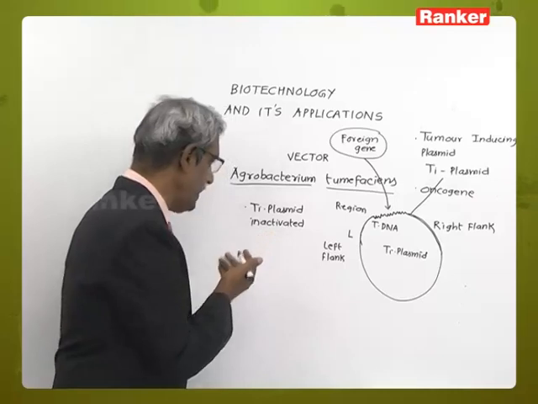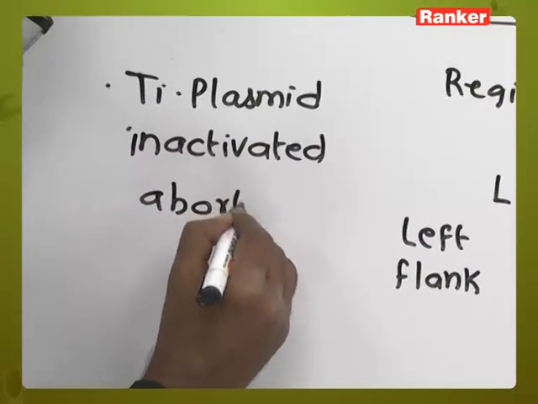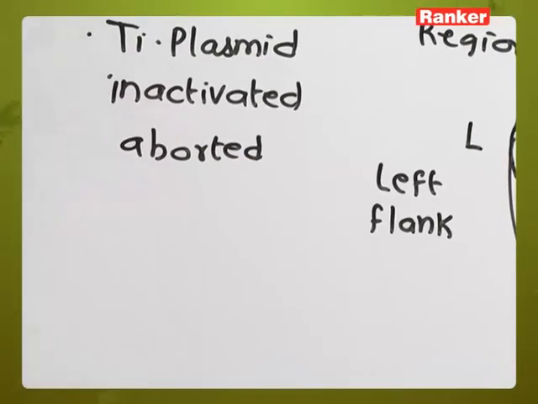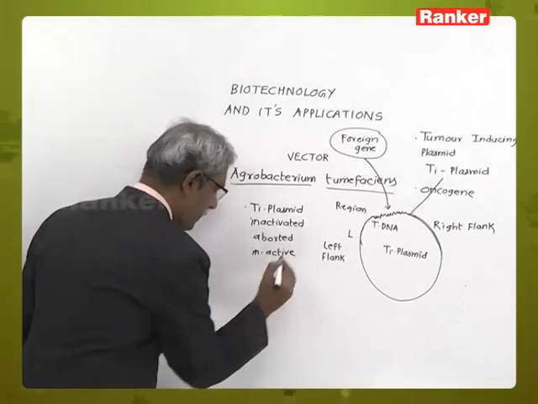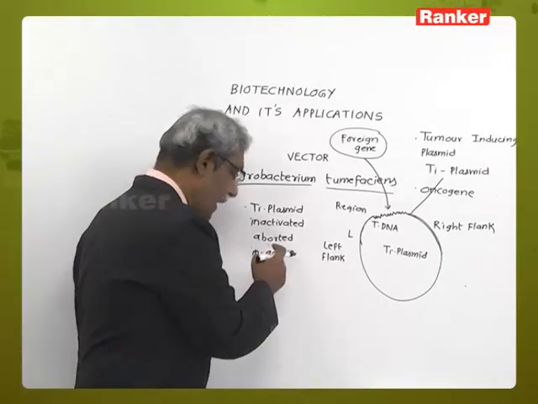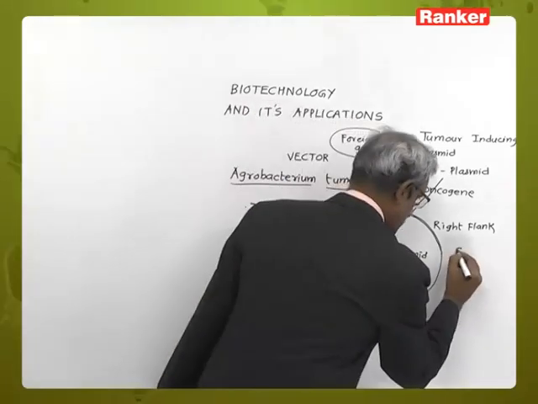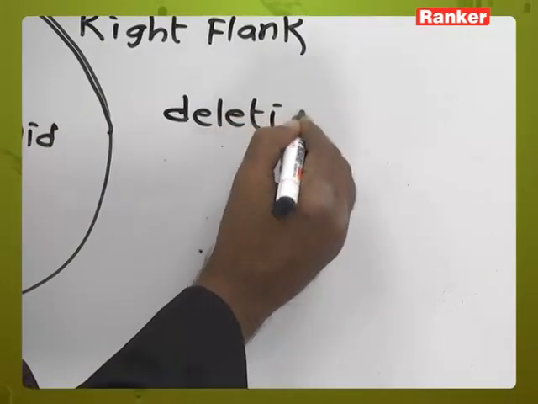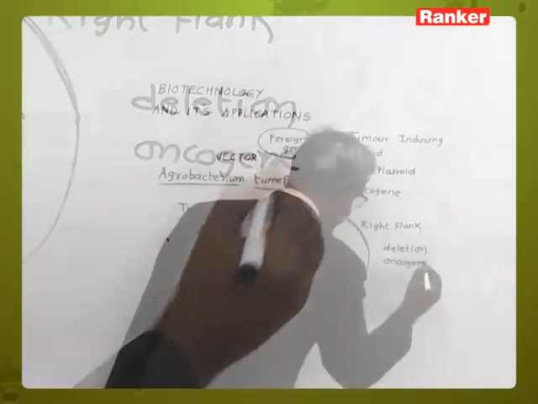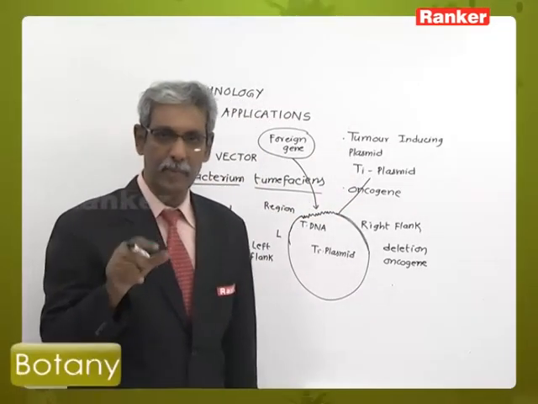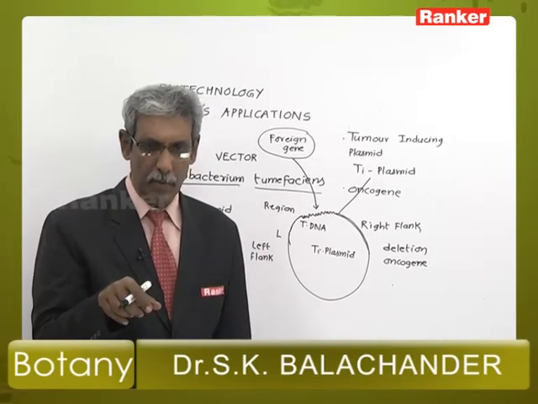It gets inactivated or aborted, or you can say it becomes inactive. When it becomes aborted or inactive, the reason is that there is deletion of the oncogene. The place where the cancerous gene is present is cut off, and in that place your foreign gene of interest comes in.